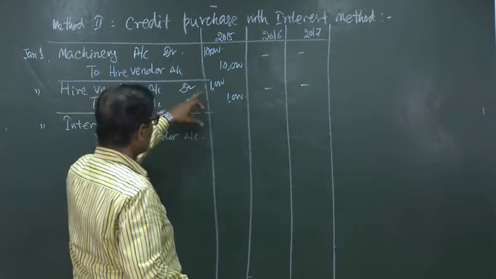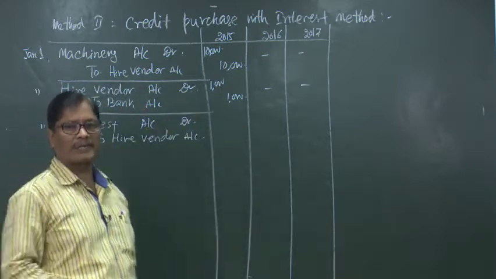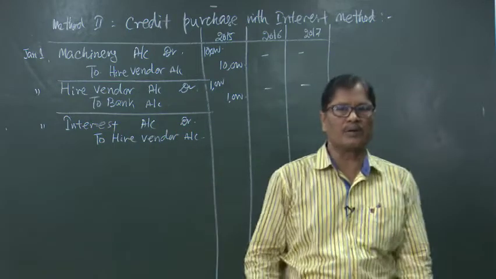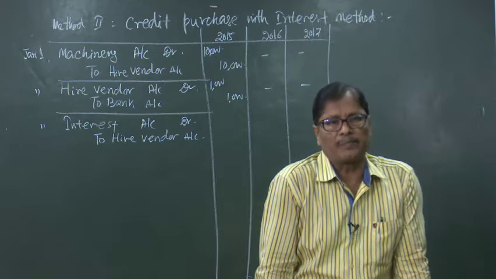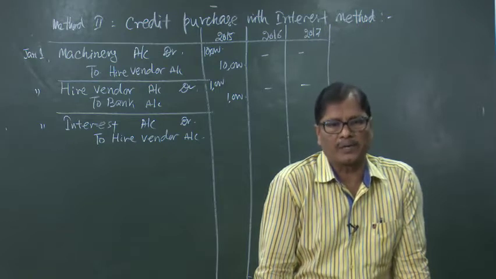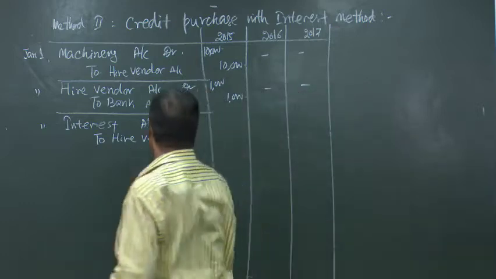Out of 10,000, 1,000 we have given in the beginning of the year. So, only 9,000 is remaining, and on 9,000 rupees we have to calculate the interest at the rate of 10%. On 9,000, it is coming to 900. So, the interest account is debited 900.